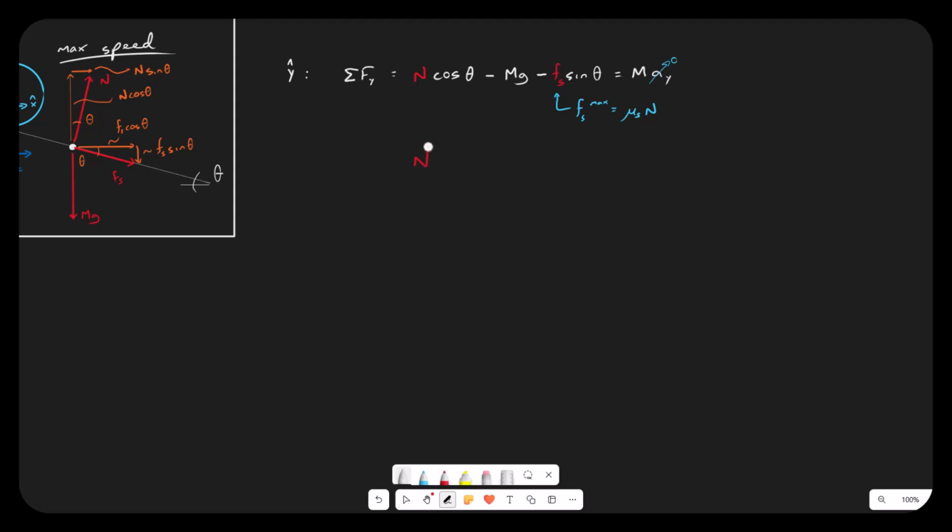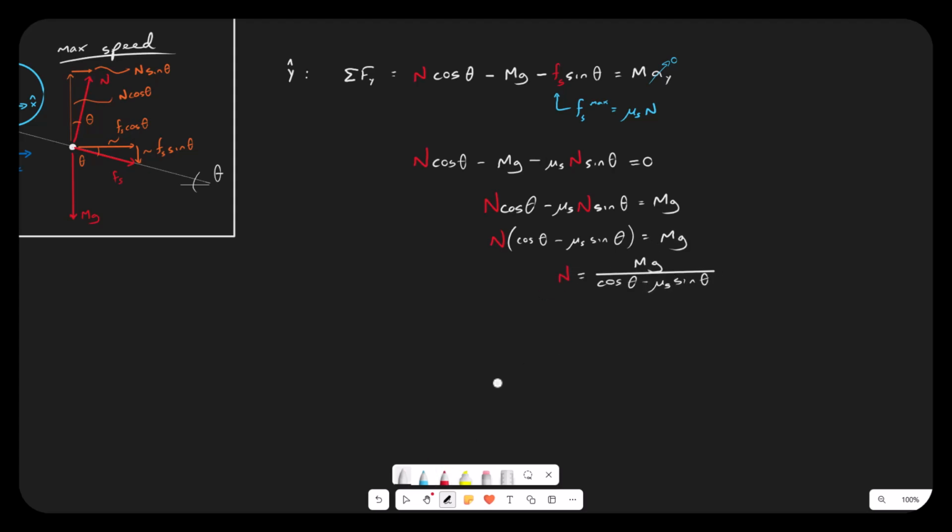N cosine theta minus mg minus mu static normal force sine theta equals 0. I'm going to put just my N terms on the left and my non-N terms on the right. I will factor out the N. So there's my normal force.